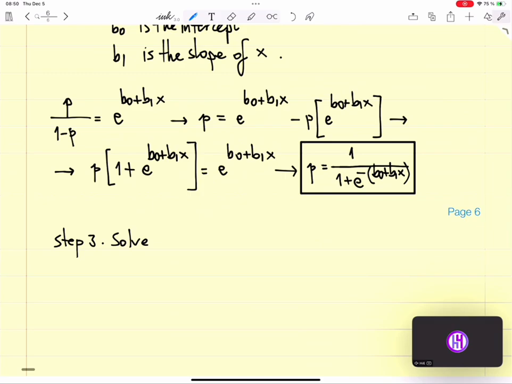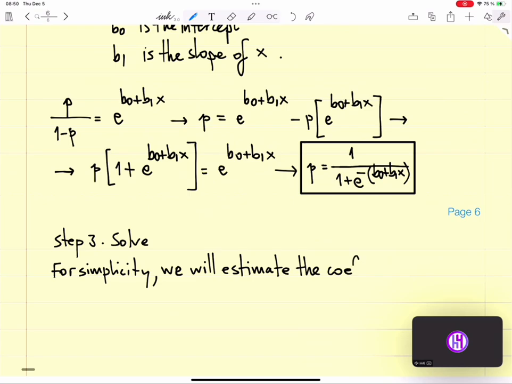For simplicity, we will estimate the coefficients. So when x equals 3, y equals 0.